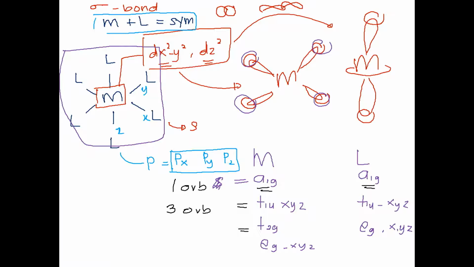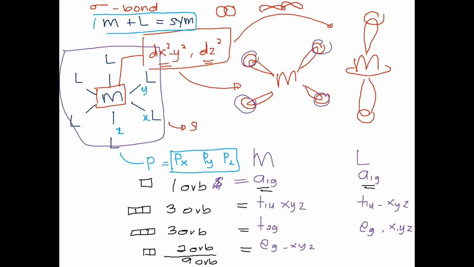For T2G, you can have 3 orbitals. For EG, you can have 2 orbitals. Remember the degeneracies. A, you have 1 degeneracy. T, you have triply degenerate. E, you have doubly degenerate. So the total altogether will be 1, 3, 3, 2, which is 9 orbitals.